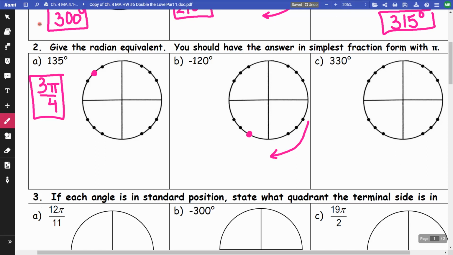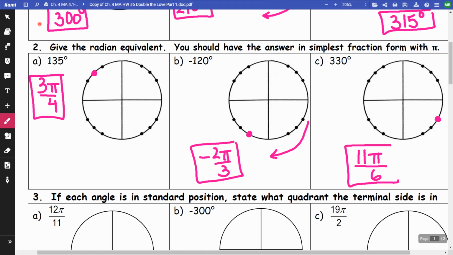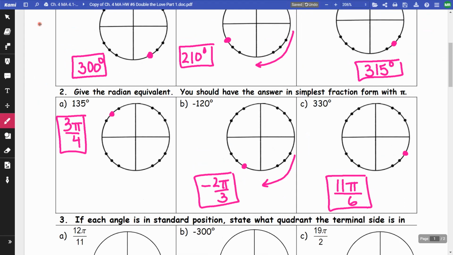And because it's a negative angle, we're going to have negative radian here. So this is going to be a negative 2 pi thirds. C, 330 degrees is going to be right there, and that is going to be 11 pi 6.